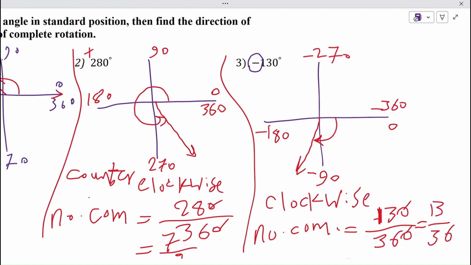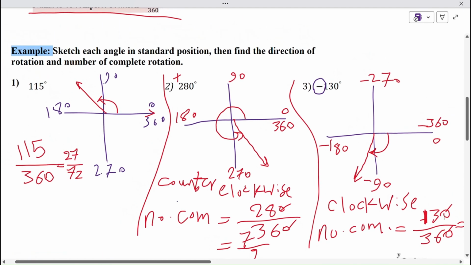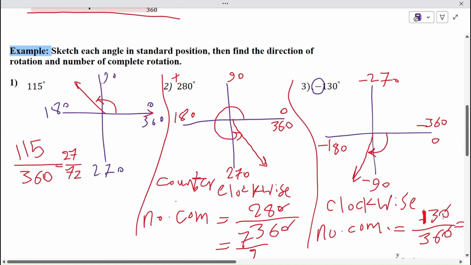This is about sketching an angle in standard position. It is really easy, but you have to know the sign of the angle. By knowing the sign, you will know the direction of rotation, and for the number of complete rotations, you have a rule: theta over 360.